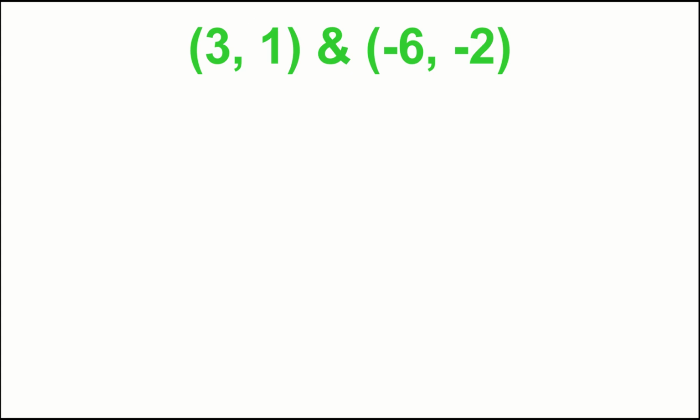Negative numbers sometimes make it a little trickier. When we're going our y's, go from 1 to negative 2. X's are going from 3 to negative 6. What y'all need to remember, when it's decreasing, like this one from 1 to negative 2, it's a negative number.